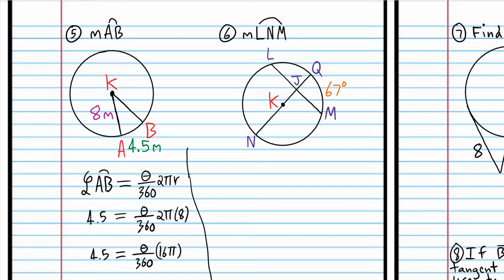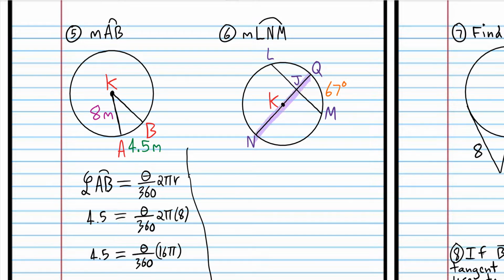All right, we're back. In this problem, we're going to have to use the perpendicular diameter theorem. And that theorem says that if a diameter or a radius of a circle is perpendicular to a chord, then it bisects the chord and its arc.